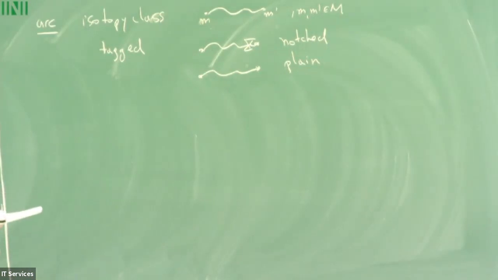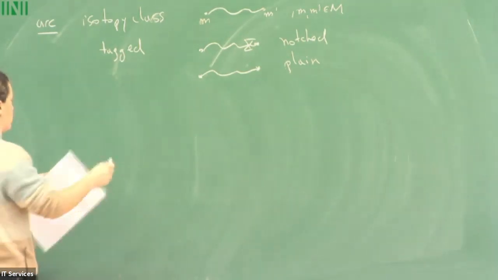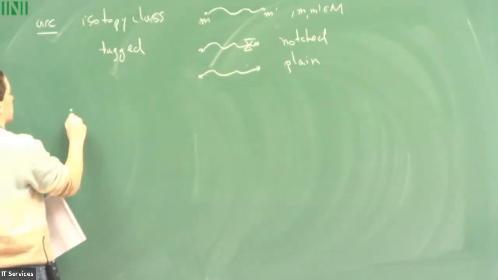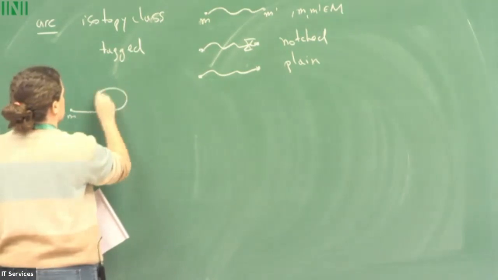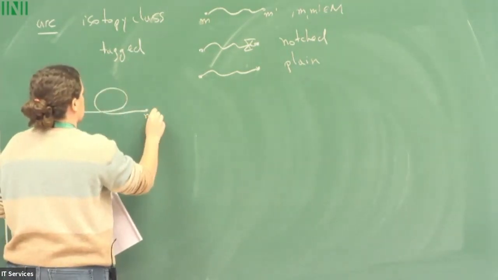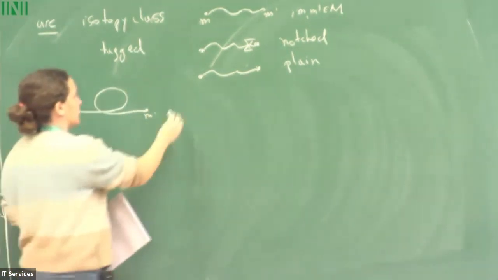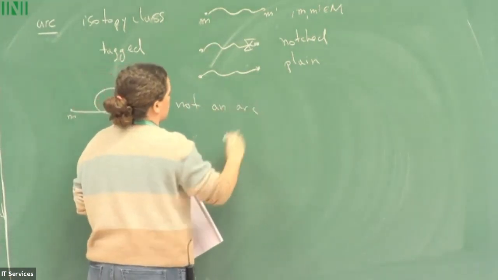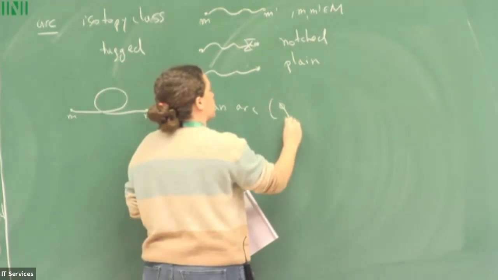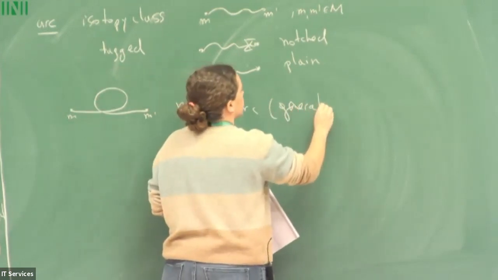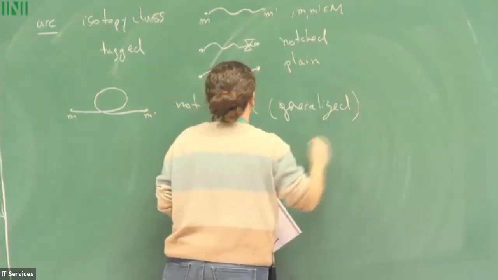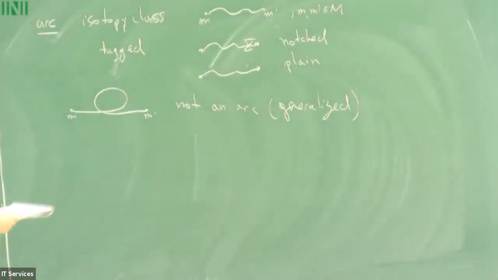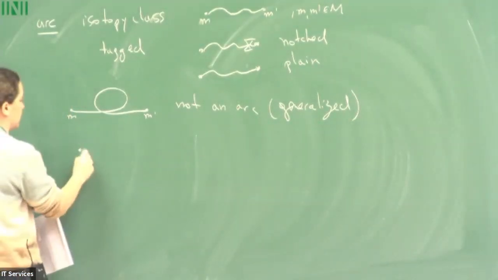Also, other curves may appear in your surface. For example, you may have something like this, and this is not an arc, but it's a generalized arc. This may happen.